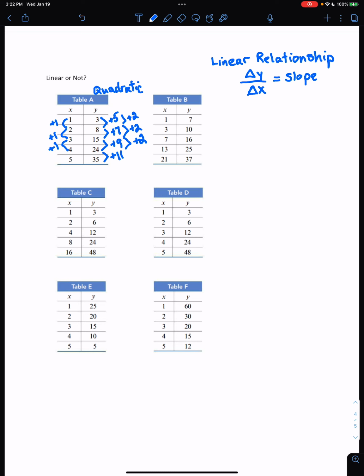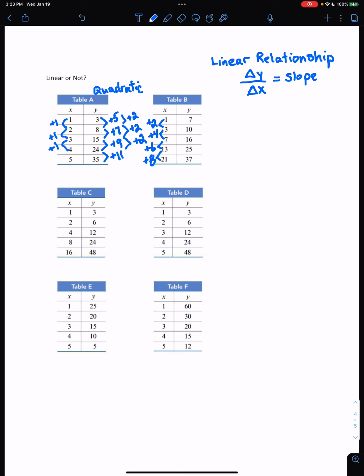All right, let's look at table B. For our x values, here we've got plus 2, plus 4, plus 6. So we've got some changes in our differences for the x value. Now, that doesn't mean we're going to necessarily not have a linear relationship just because we have differences in our x values. We have to compare them to the changes in our y values.